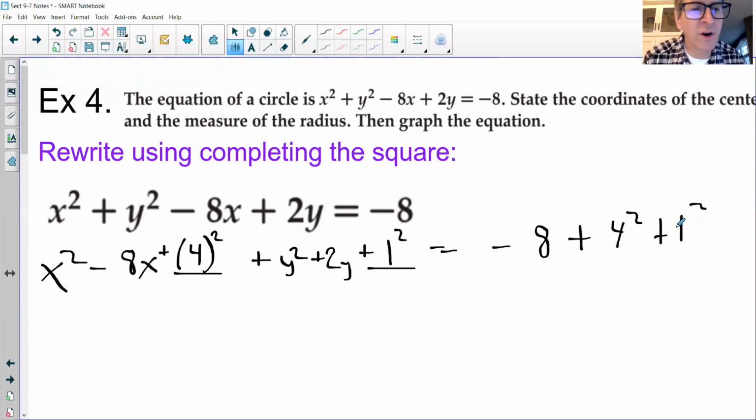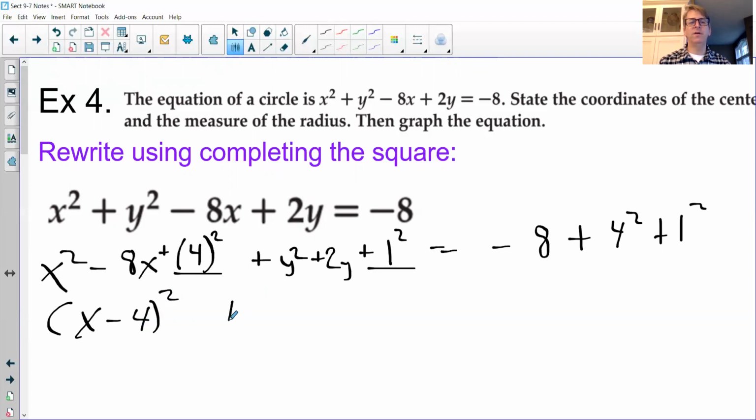Okay, so completing the square. Let's go down now and work with this first grouping here. X squared minus 8x plus 16 is x minus 4 quantity squared. Now, if you don't remember those special products with polynomials, you can always think back to FOIL.